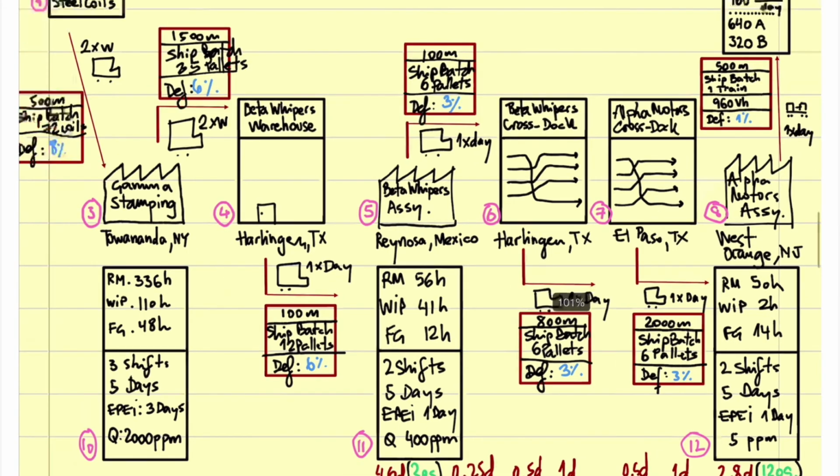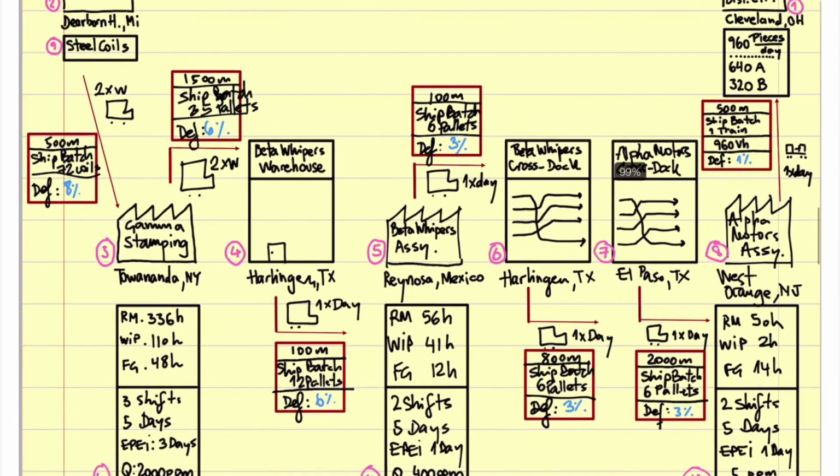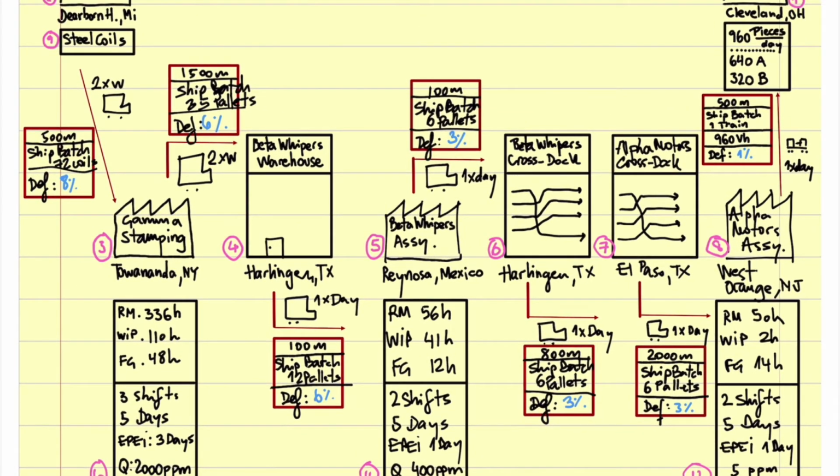Why do we know that it's 4.6 days? Because this time is giving us 4.6 days.